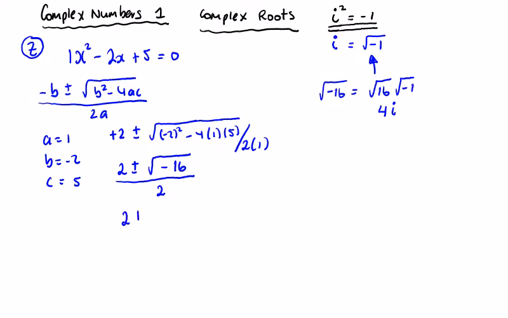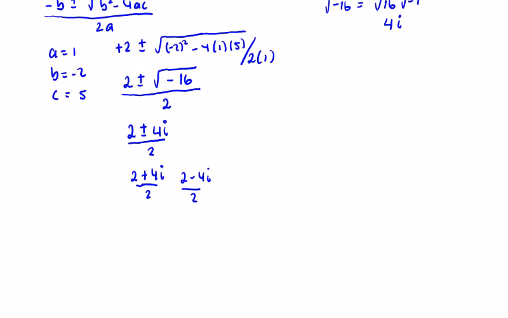So we end up with 2 plus or minus 4i over 2, which is equal to 2 plus 4i over 2, and 2 minus 4i over 2. So this gives me 1 plus 2i and 1 minus 2i as my two roots.